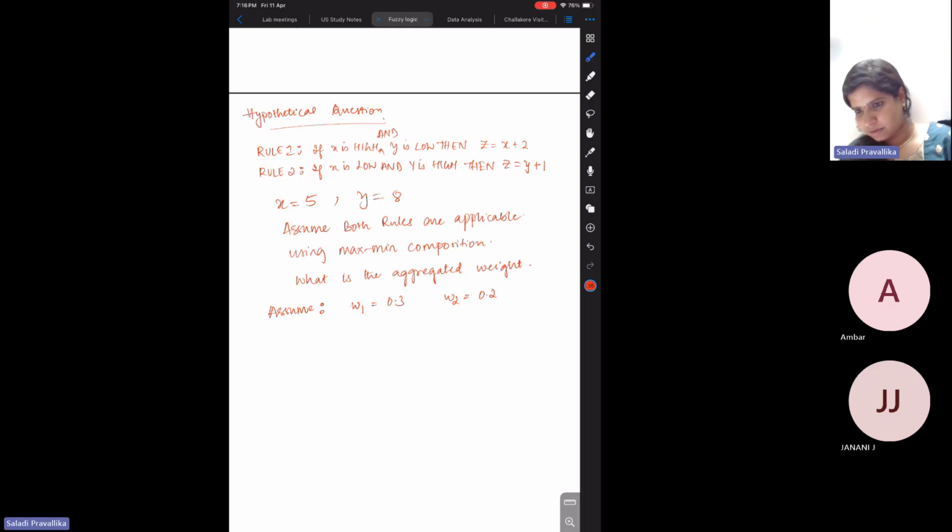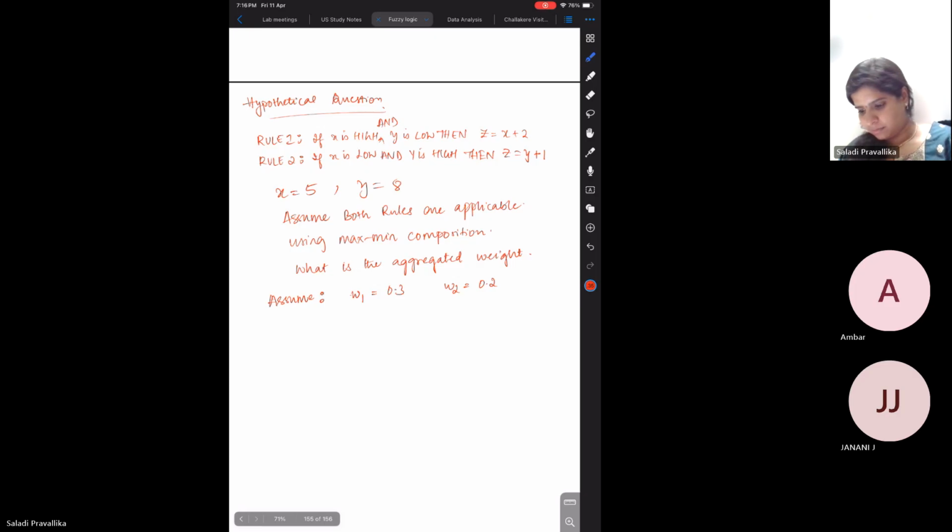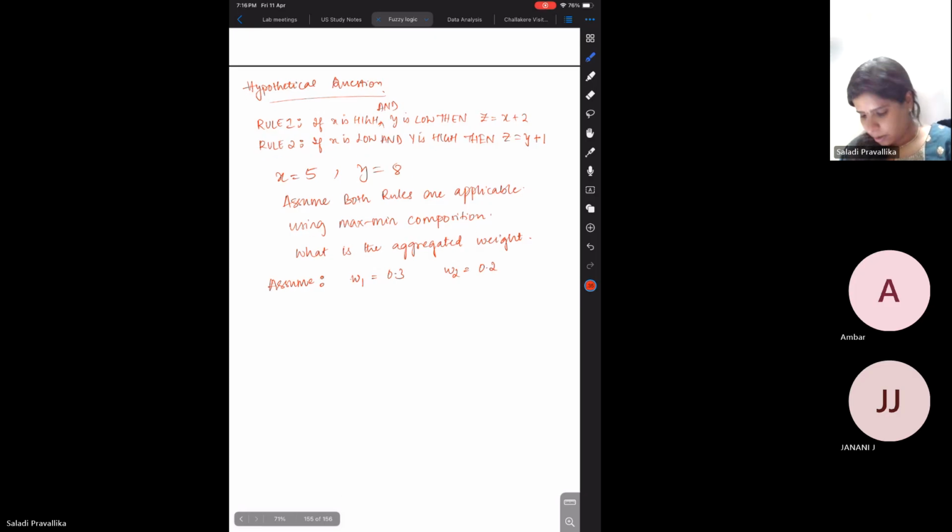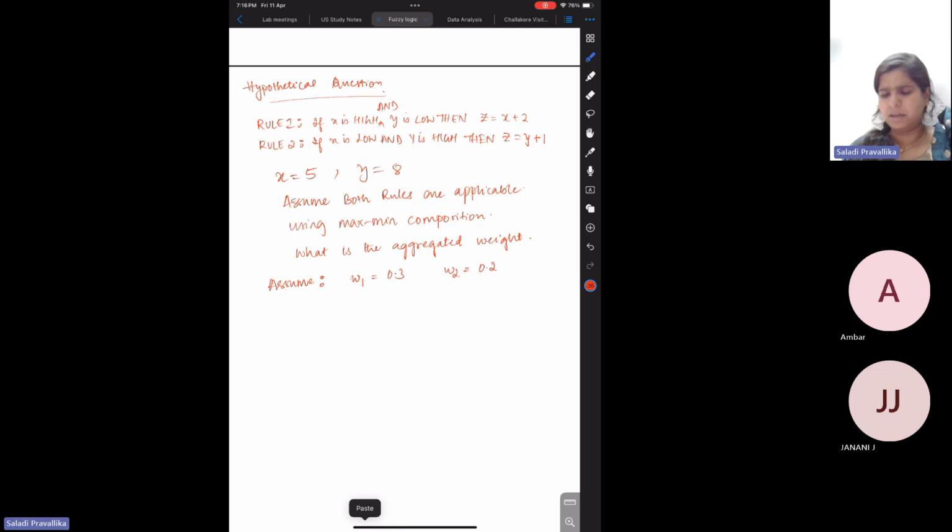Any answers? Okay, let's do it. So this is all based on our assumptions that rule 1 and rule 2 are applicable and for some random values of x and y. And some weights also we have taken out of the blue. So let us say z1 is equal to x plus 2, which is equal to 5 plus 2, that is equal to 7.